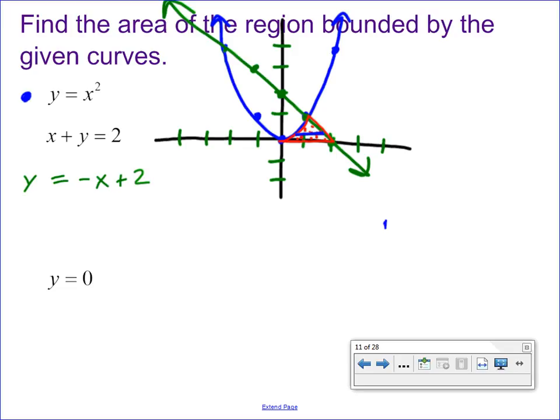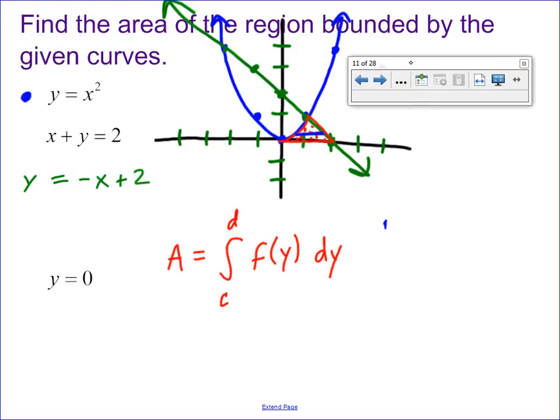To keep the height of my horizontally oriented rectangle positive, I'll do right curve, solve for x, minus left curve, solve for x, and I can do it in a single shot. So my area in general will be given by the integral from lowest y value c to highest y value d in the region. f of y is the height of my rectangle. dy is the infinitely thin width of my rectangle.